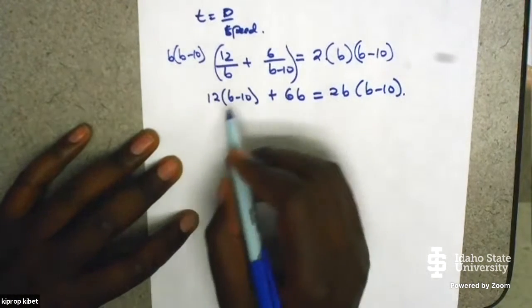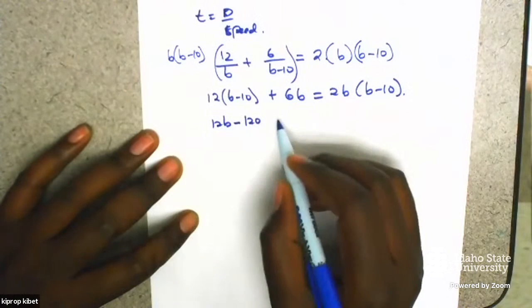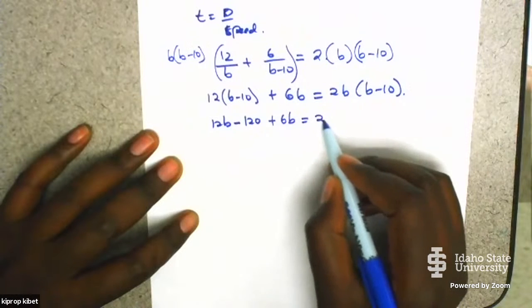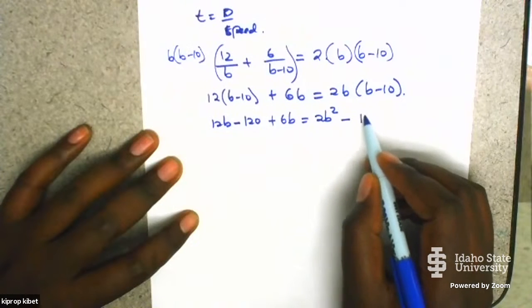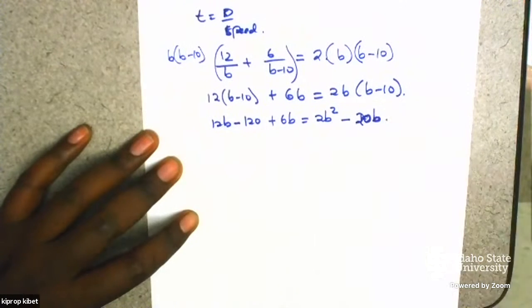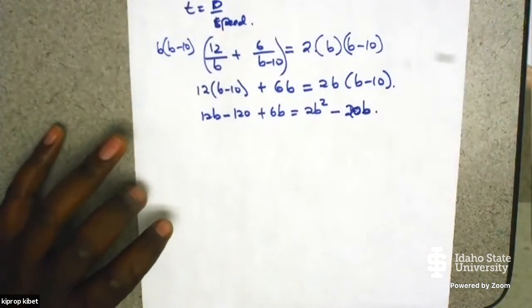So you get 12B minus 120 plus 6B equals 2B squared minus 20B. Are we together?